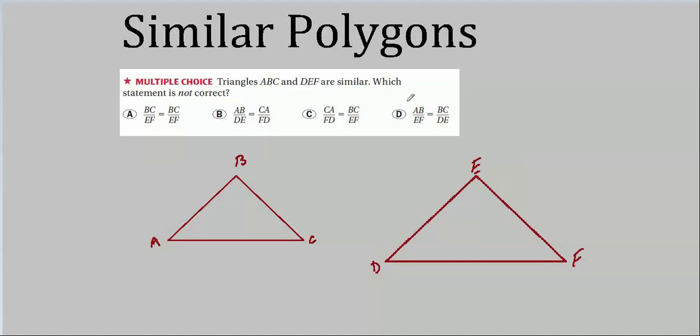So this one doesn't really make sense because the side that corresponds to this side is this one, not this one. Just like with congruence, corresponding parts of congruent triangles are congruent. Well, corresponding parts of similar triangles are in the same ratio. But if they're not corresponding parts, you can't say anything about the ratio.